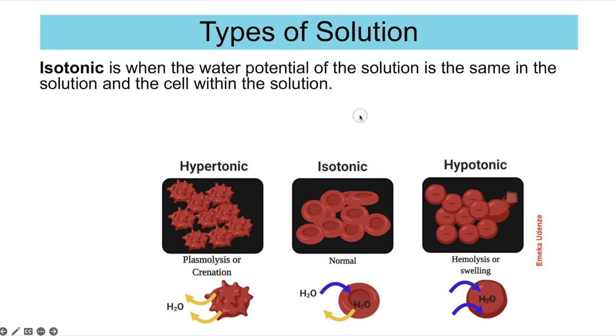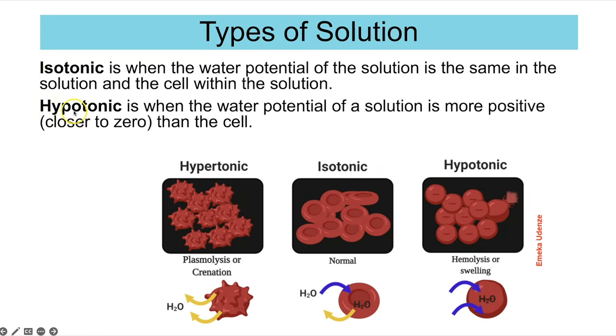So there's different types of solution when we think about water potential. Isotonic is when the water potential, which is a measure of how concentrated a solution is, is the same outside of the cell as it is inside of the cell. So iso means equal. Hypotonic is when the water potential of the solution surrounding a cell is more positive, which means it's closer to zero, which in other words means it's less concentrated.